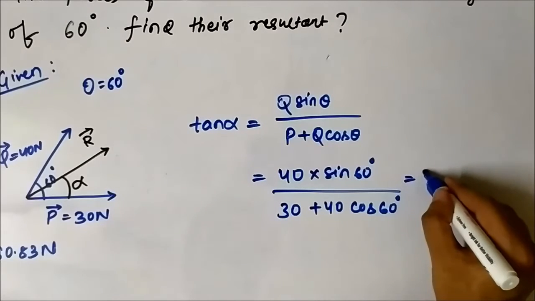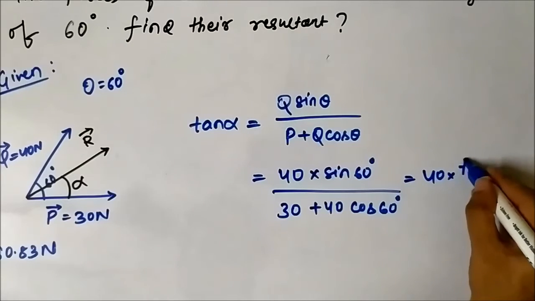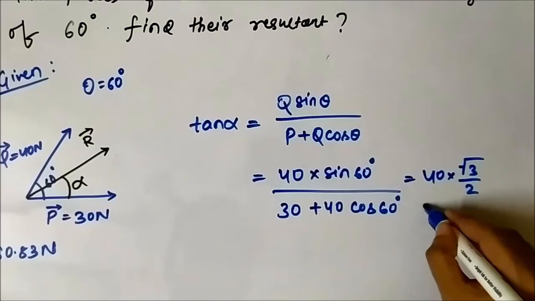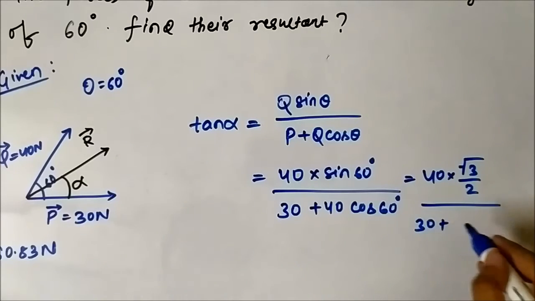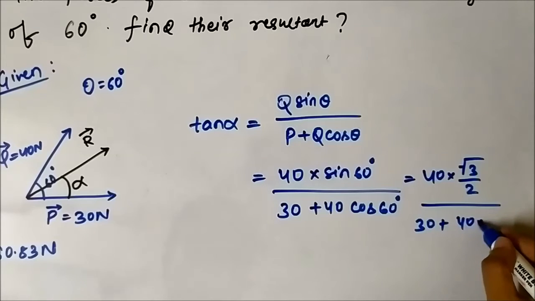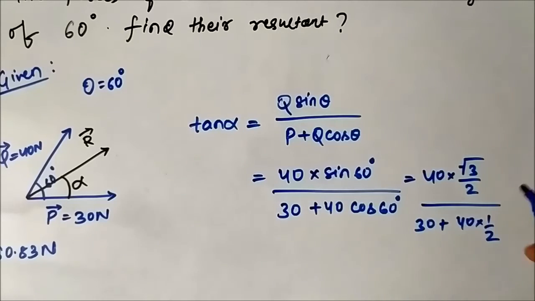So it is equal to 40 into root 3 by 2 divided by 30 plus 40 into 1 by 2, as cos 60 degrees is 1 by 2. Let me calculate using the calculator: 40 into root 3 by 2 by 30 plus 40 by 2.